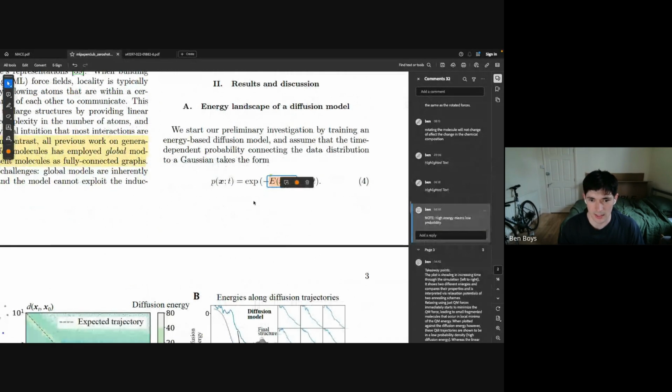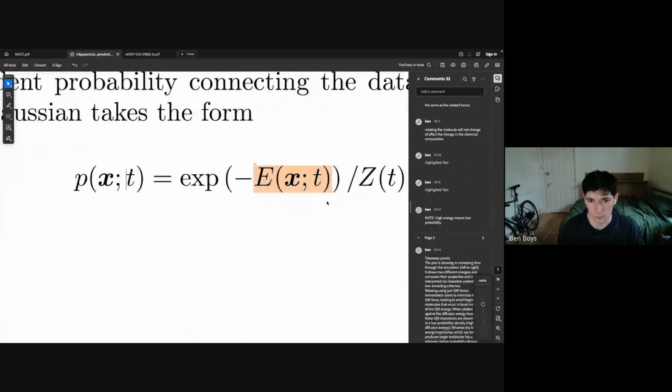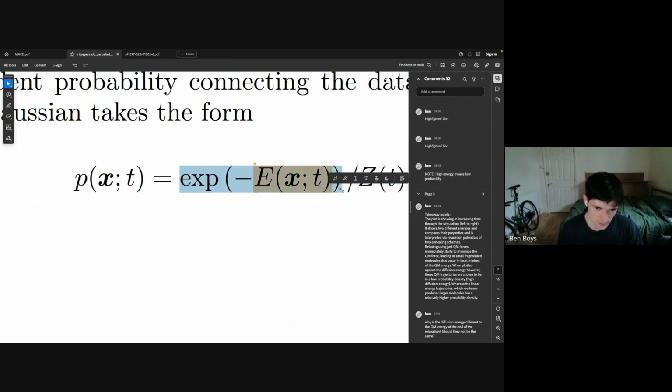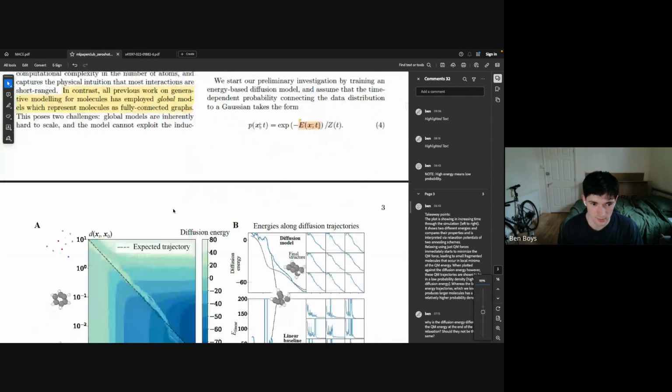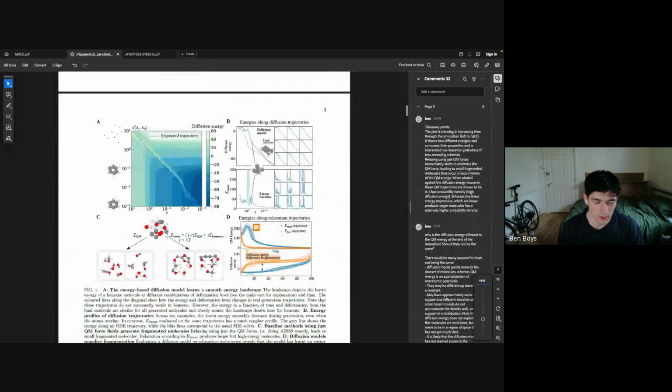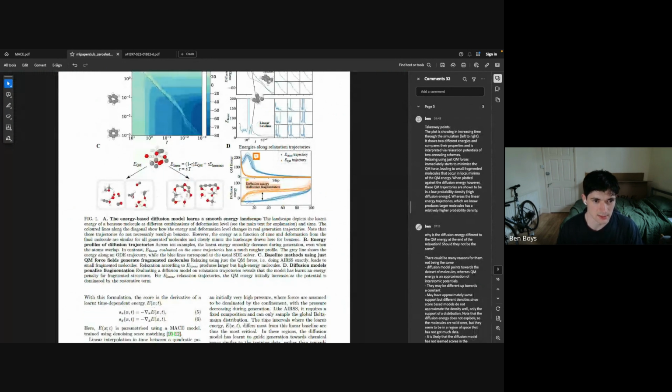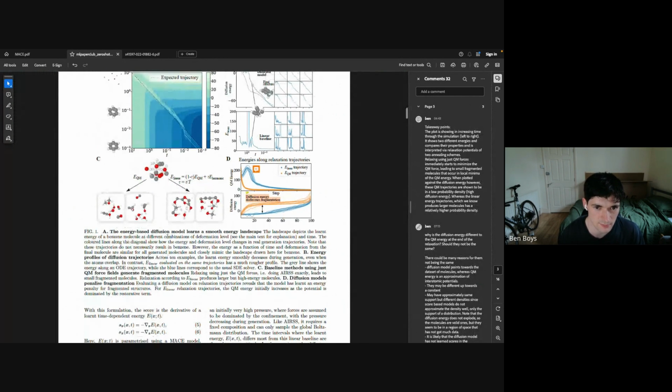So looking at this again, I think one important thing to note is that for high energy, we've got a negative sign here inside the exponential. So high energy means low probability. Low energy means high probability. So we want low energy, high probability, interesting molecules.